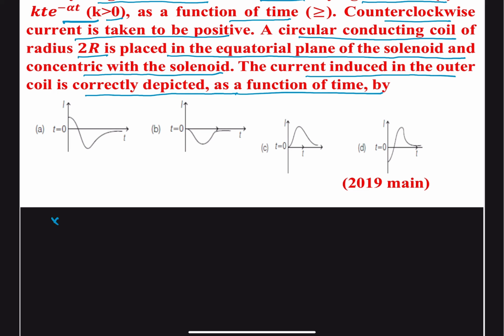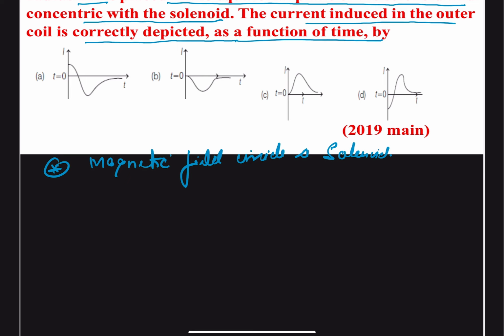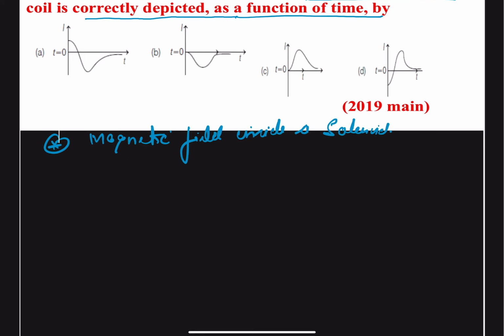We can say from here that the magnetic field inside a solenoid, on a point along its axis, is our B, which we will write as a time dependent function.